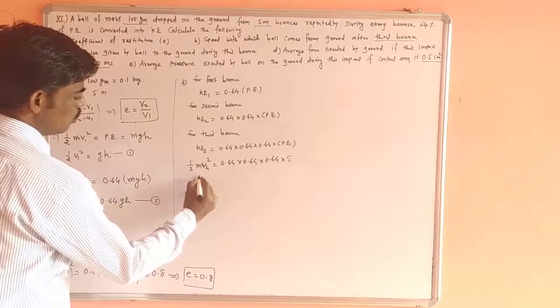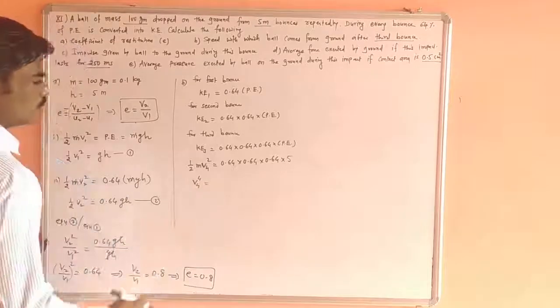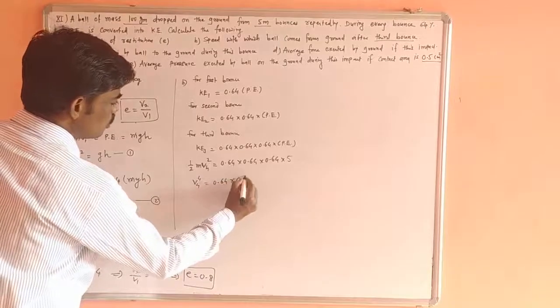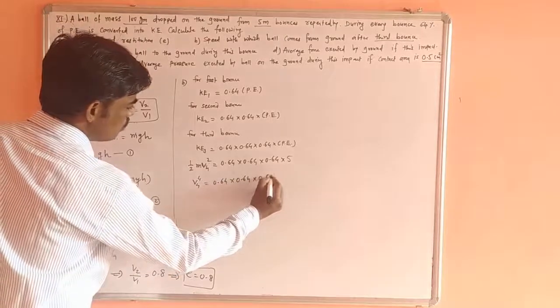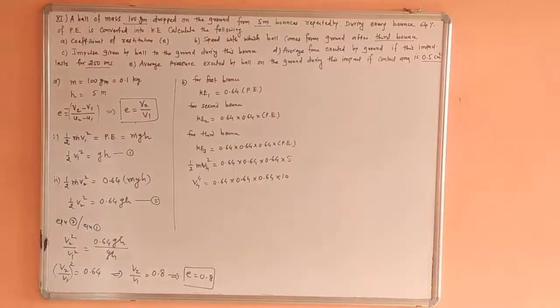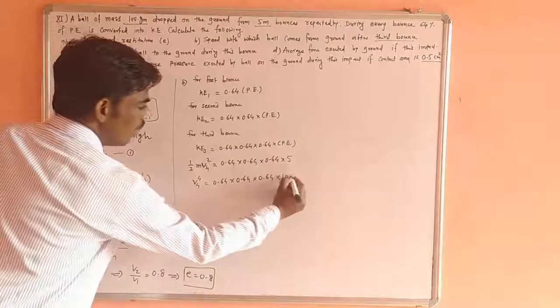So we get v4 square is equal to, multiplying here, 0.64, 0.64, again 0.64, 5 into 2, 10, and m is 0.1, so it becomes 100 here.